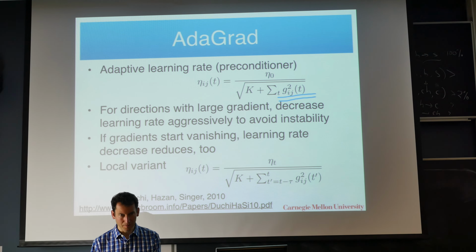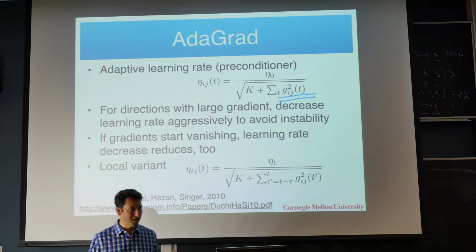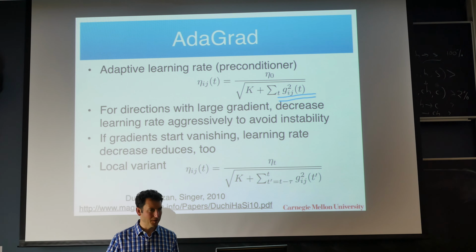You aggregate this up, and this will give you some idea of how rapidly you should be decreasing the learning rate. So if those gradients are really large, then you're going to decrease your learning rate quite rapidly, and you will make only small steps, such as not to overshoot.